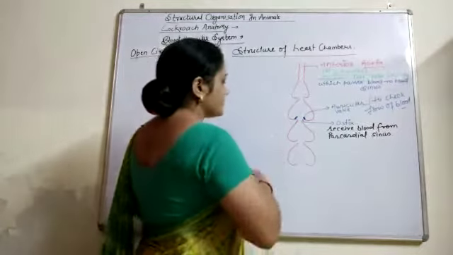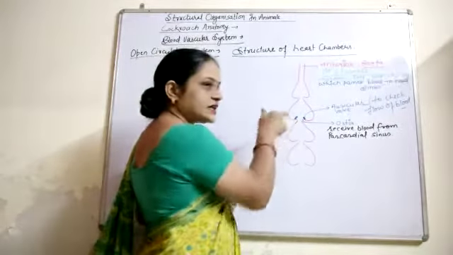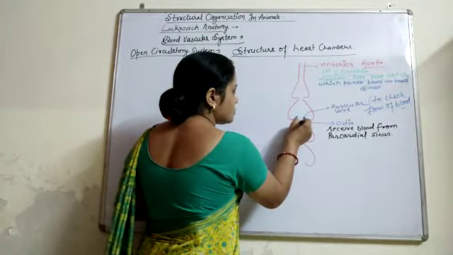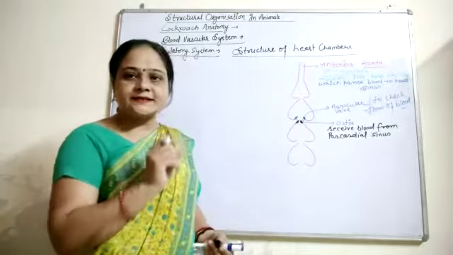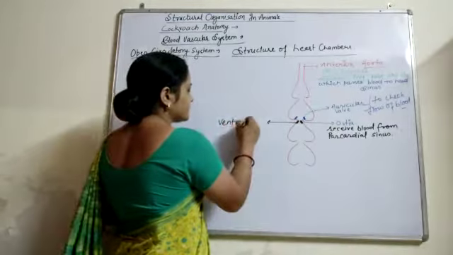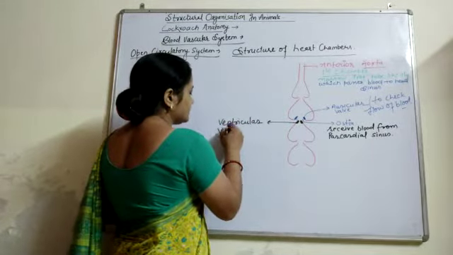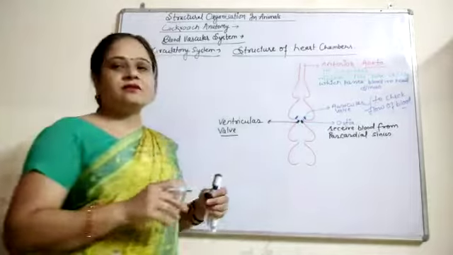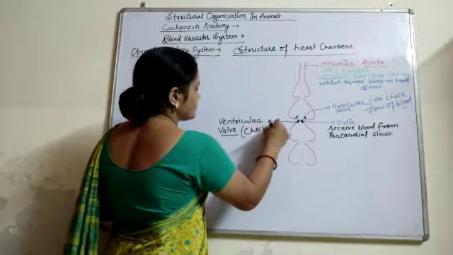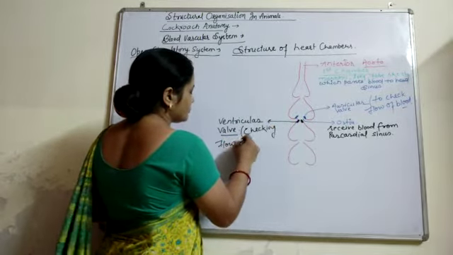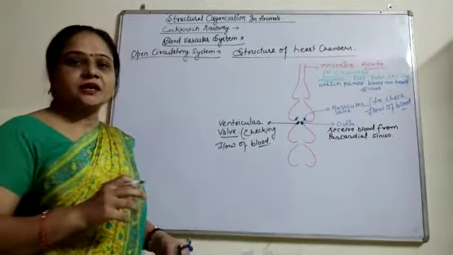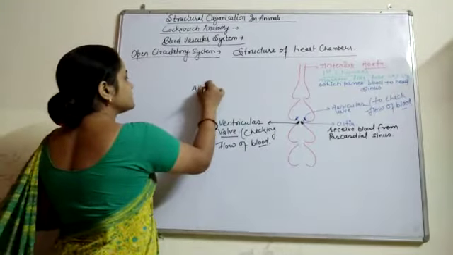Next, when the next chamber starts, it also consists of a wall at its anterior part. It is known as the ventricular valve. This ventricular valve also helps in checking the flow of blood.